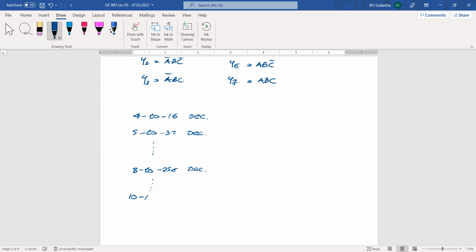Is it practical to have this type of decoders, a 10 to 1024 decoder? If you have 11 inputs, then 11 to 2048 output lines are there. A huge number of lines are there. What do you think? Is it practical to have this type of circuits?